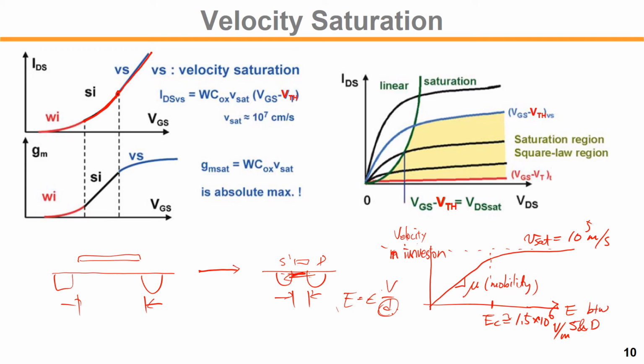There's mobility degradation, and also a strong vertical E field that impedes the charge movement from source to drain, which overall limits the current. So ID in the velocity saturation region equals W Cox Vsat times the overdrive voltage. So we can see that it is now proportional to W times the overdrive voltage.